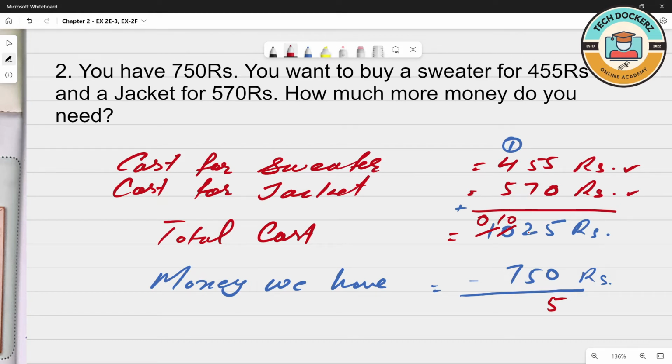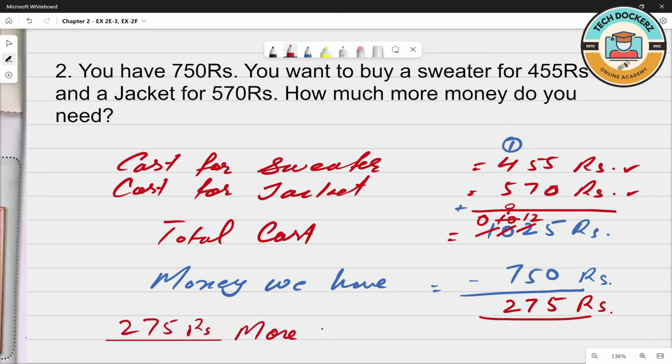Now we will borrow 1 from 10. So this 10 will become 9 and this 2 will become 12. So 12 minus 5, 7. 9 minus 7, 2. So how much more money do we need? 275 rupees. So we need 275 rupees more to buy the jacket and sweater.